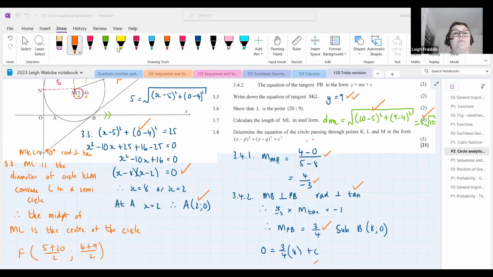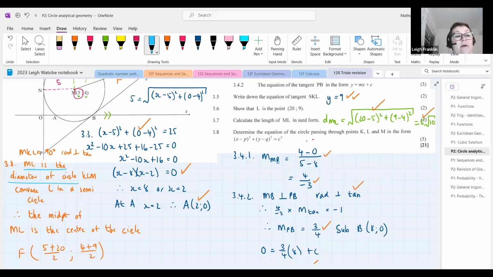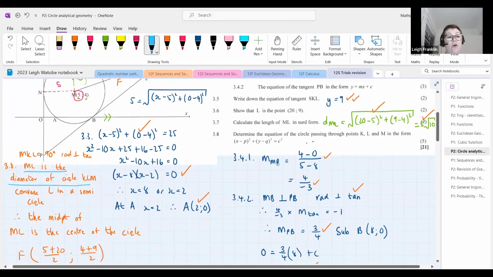Okay, so what's important in this question is to establish that ML is the diameter of the circle. That is the critical thing here. And the reason that it's the diameter of the circle is because it's opposite an angle that is 90 degrees. So converse angle of a semicircle proves that ML is the diameter of the circle.